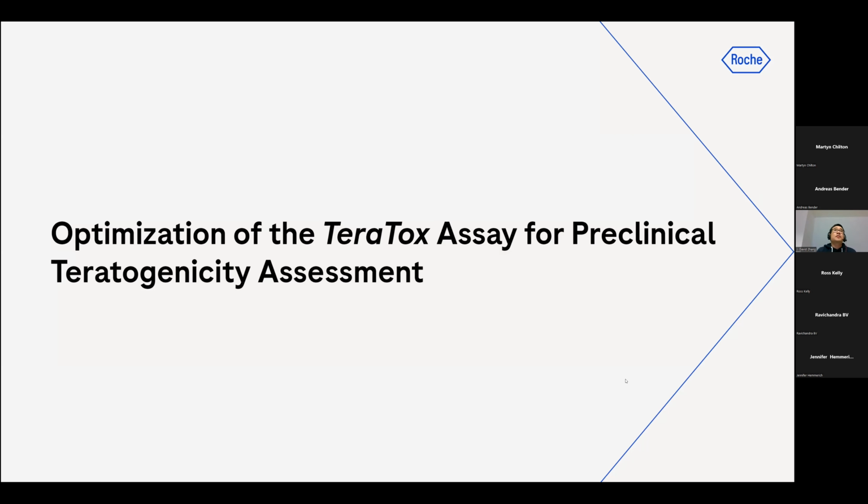So I said this is a hello presentation, a hi presentation, and therefore I chose only one example, a recent piece of work of our team, on the optimization of the Teratox assay for preclinical teratogenicity assessment, to give you a flavor of what we are working on.